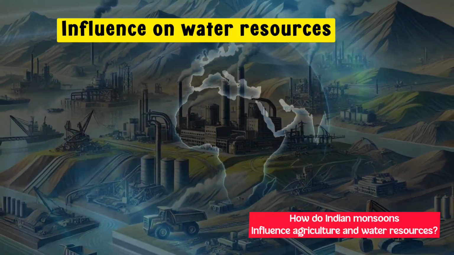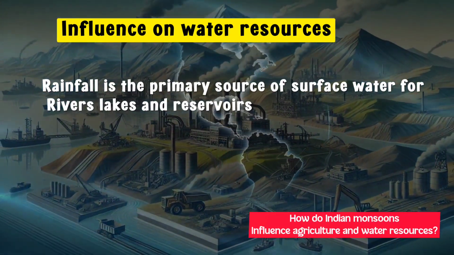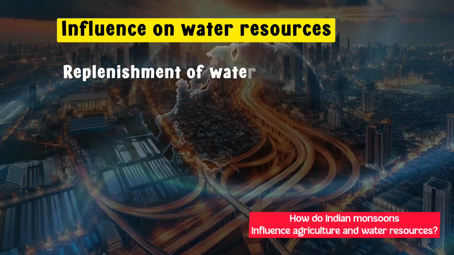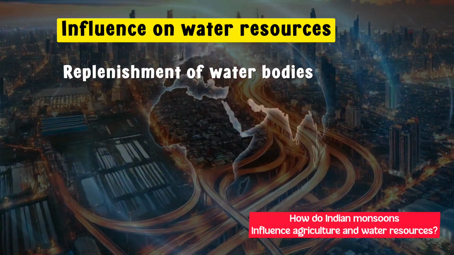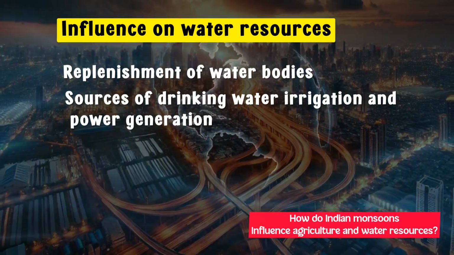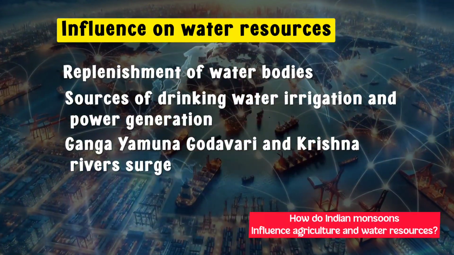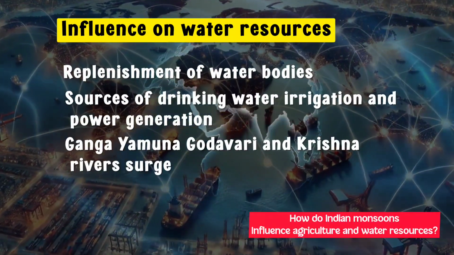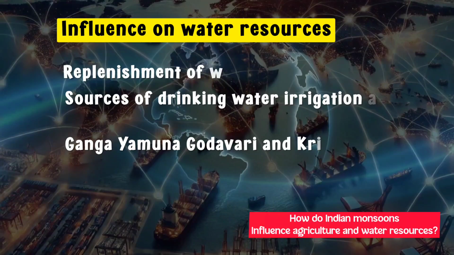Water resources in India are deeply tied to the monsoon, with rainfall serving as the primary source of surface water for rivers, lakes, and reservoirs. The monsoons are crucial for replenishing the water levels in rivers, lakes, and reservoirs, many of which serve as sources of drinking water, irrigation, and power generation. Rivers like the Ganga, Yamuna, Godavari, and Krishna experience a surge in water flow during the monsoon months, which boosts their capacity to meet the demands of both agriculture and domestic consumption.